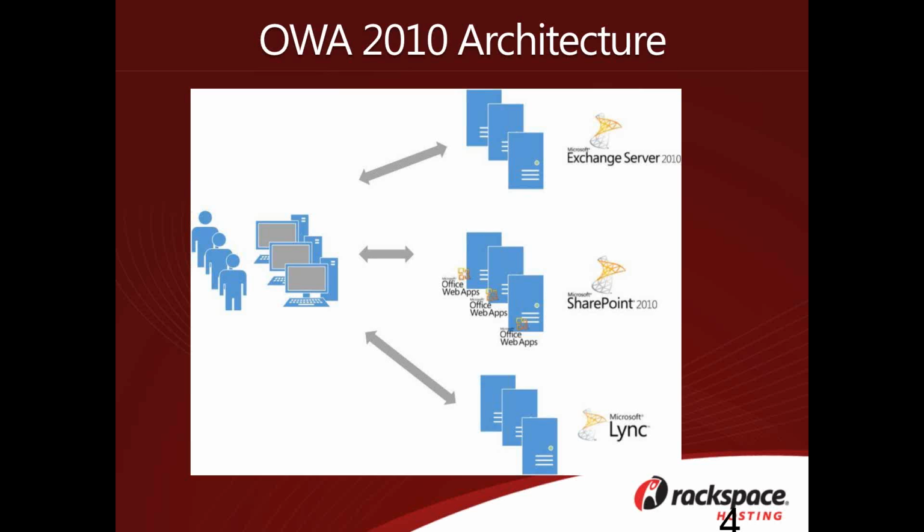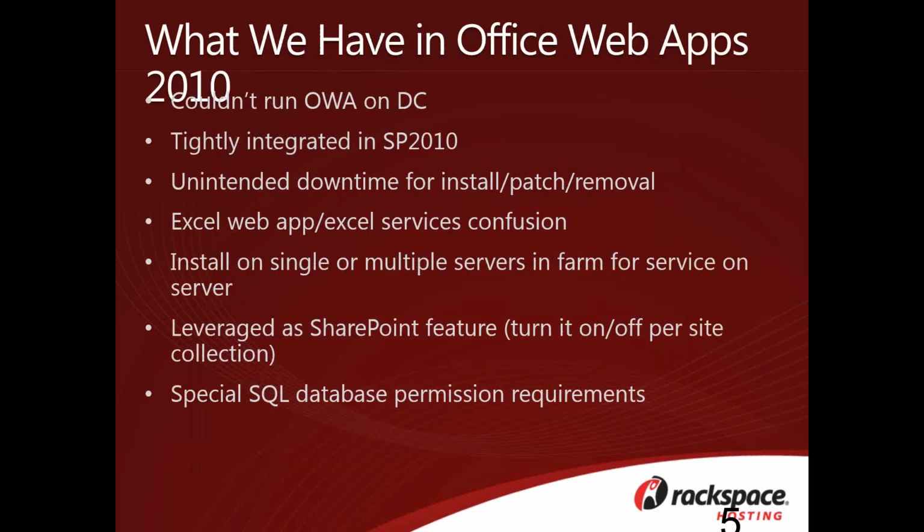SharePoint was the only entity in the Microsoft family that could really leverage what Office Web Applications do. Unfortunately, poor Exchange and poor Lync didn't even know about it, so they were the ones left out of that particular family. So this is what I'm sure we're all used to seeing.